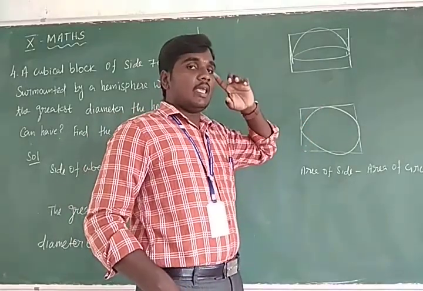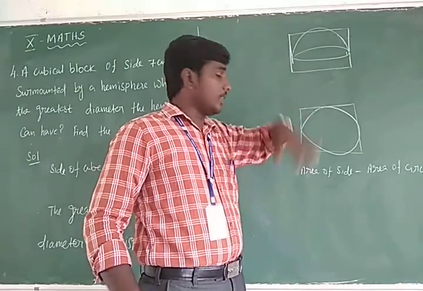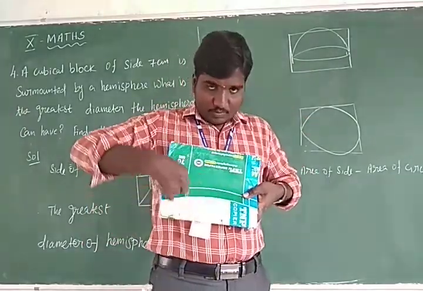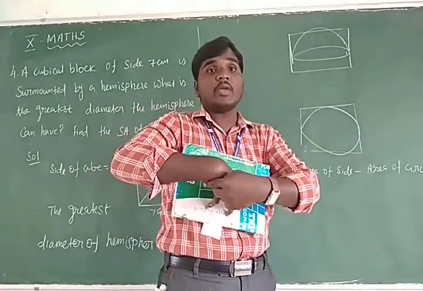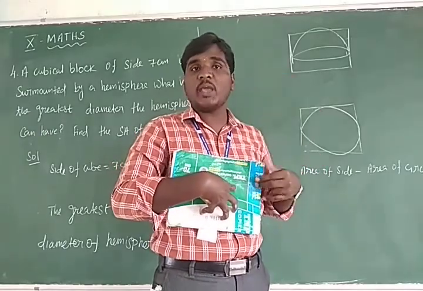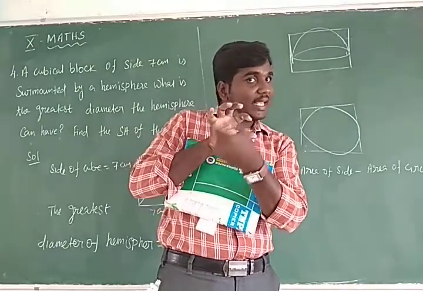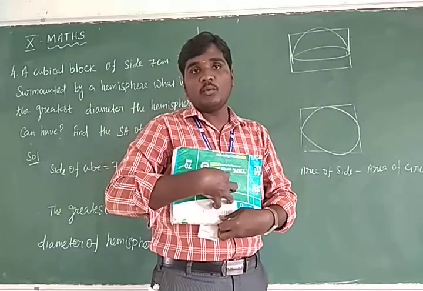Imagine only the top view. Then you cut it. Then it is a shape of hemisphere. The bottom of the hemisphere fits with the top view. Bottom is like a circle, no? That is fit with the top view.